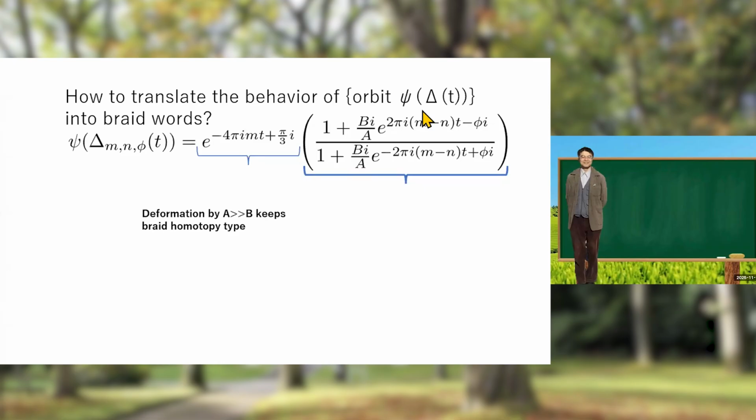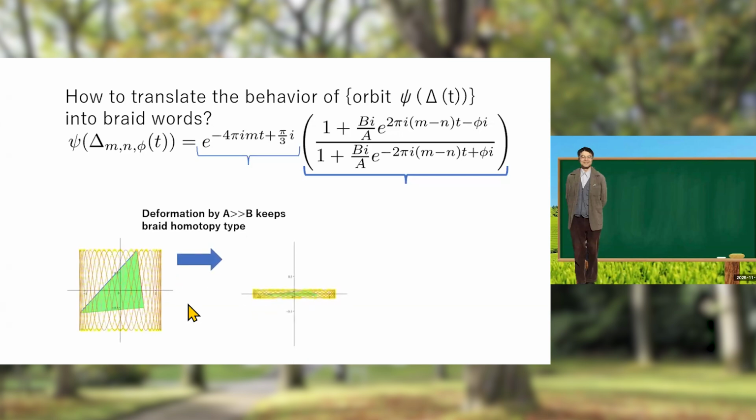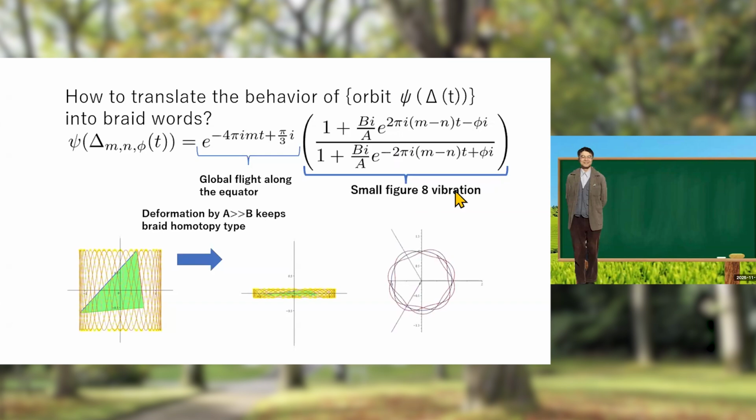And to translate the behavior of the orbit into braid words, we consider the deformation where A is much bigger than B. This is just a continuous deformation, so the braid type is the same for any A and B. In this deformation, these are almost like one, and these just represent the moving on the equator, with some small figure-eight vibration of the orbit.